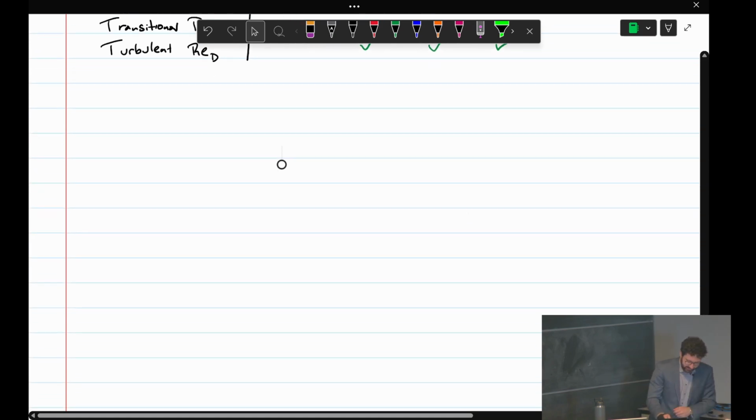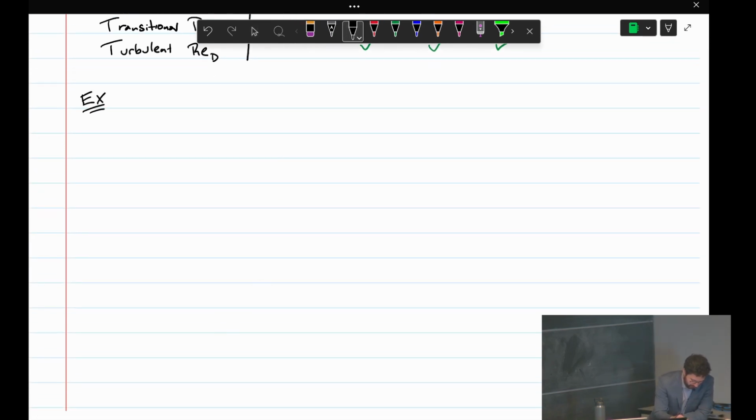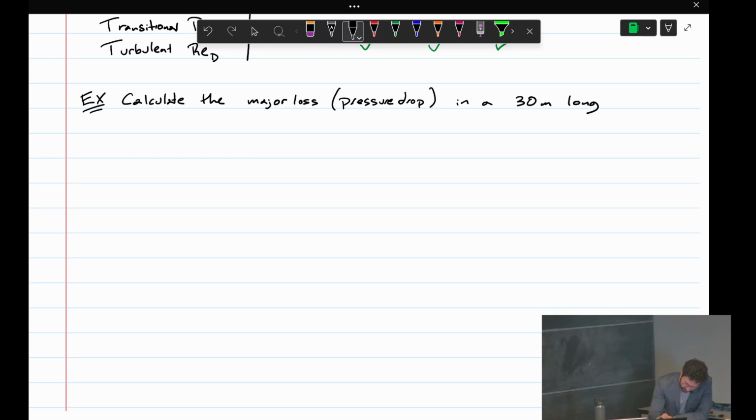Okay. Let's do an example here. So the example is calculate the major loss, which again, the major loss is the pressure drop in a straight pipe section, in a 30-meter long NPS 12 schedule 80 steel pipe with water, so rho is that.